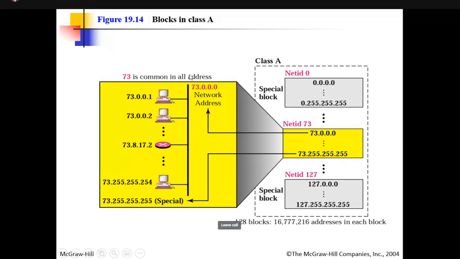Generally the first address is specified for the network address, so 73.0.0.0 will be the network address, and 73.0.0.1 to 73.255.255.254 will be used for host addresses.